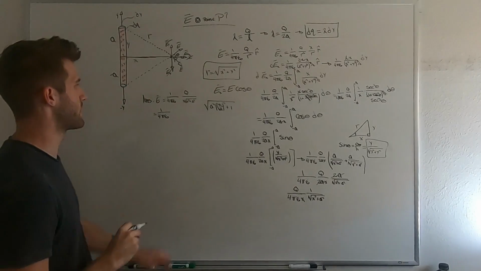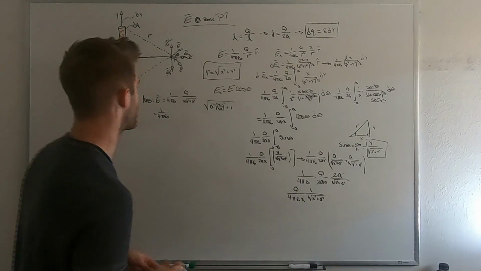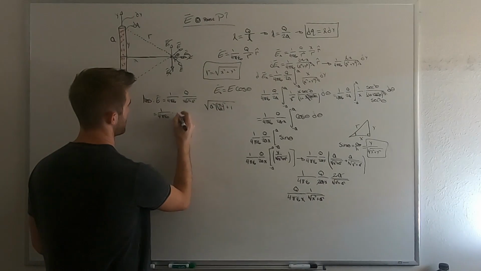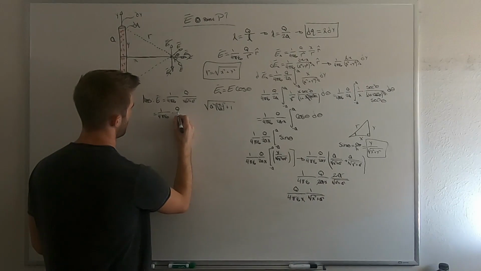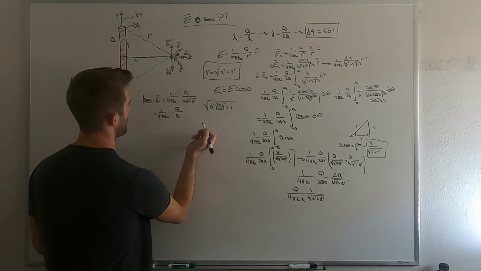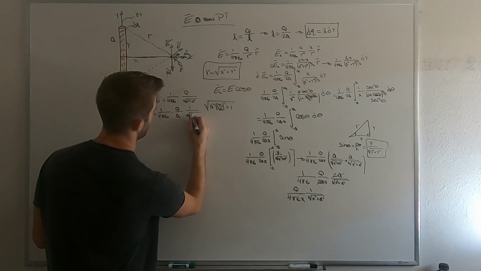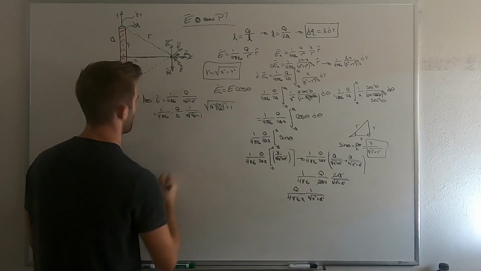That a squared is just going to become a. So we're left with 1 over 4 pi epsilon naught times q over a, times 1 over x square root of x squared over a squared plus 1.